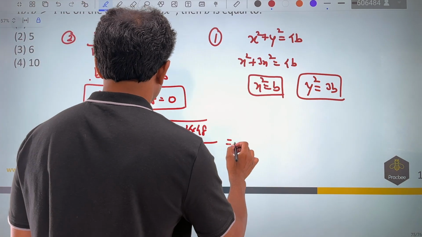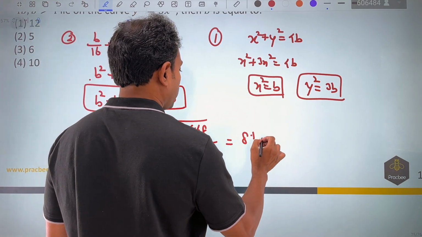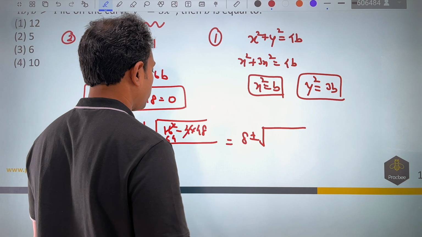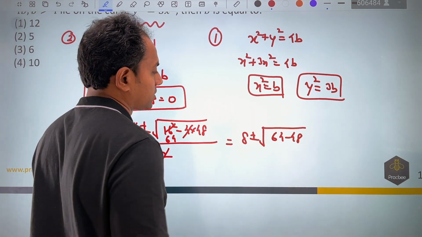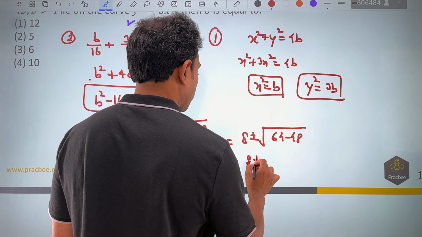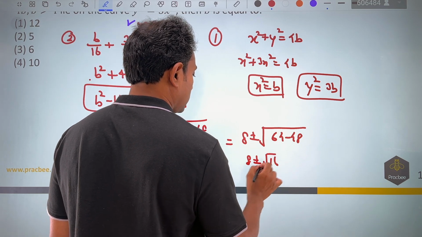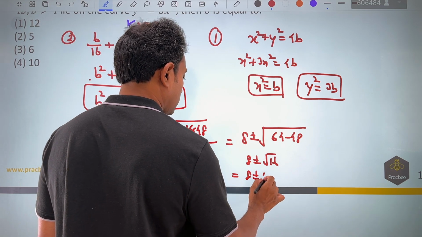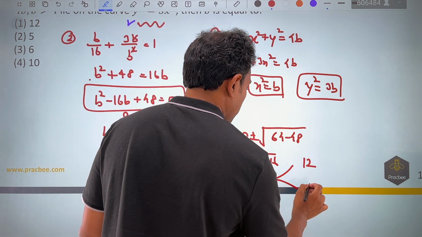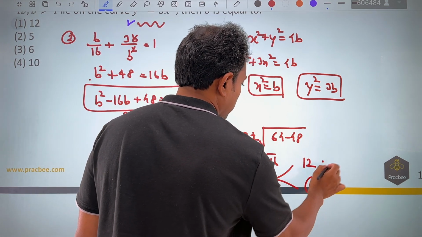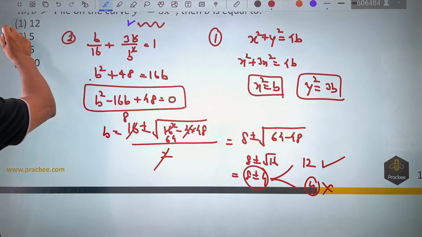So what we are left with is 8 plus minus root of 64 minus 48. If you subtract, it is 16, so it is nothing but 8 plus minus root of 16. So 8 plus minus 4. So there are two answers to this question, 12 and 4. The question says 4 is not acceptable, so 12 becomes the acceptable answer.